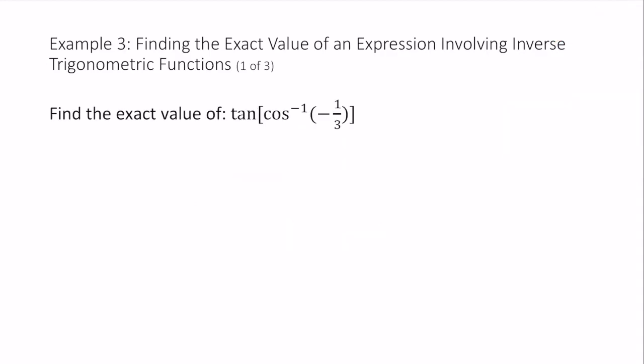Let's take a look at another problem. I want to find the exact value of tangent of arc cosine of negative 1/3. So remember that arc cosine can only take on theta values between 0 and pi. We're in the top half of our unit circle, so we're in quadrants 1 and 2.